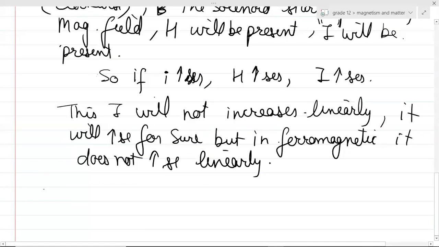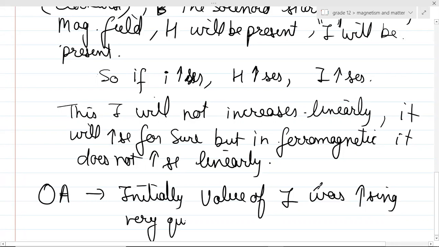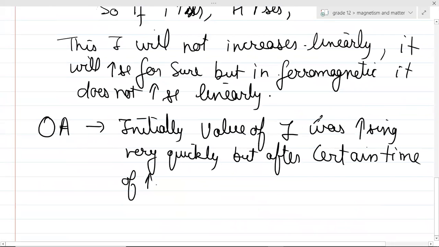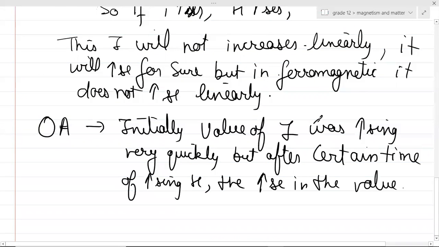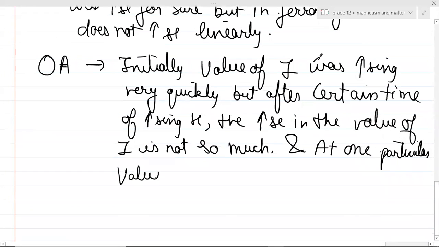Earlier it was increasing very quickly, but after a certain time the increase in the value of I is not so much, and at one particular value of H, I becomes constant.